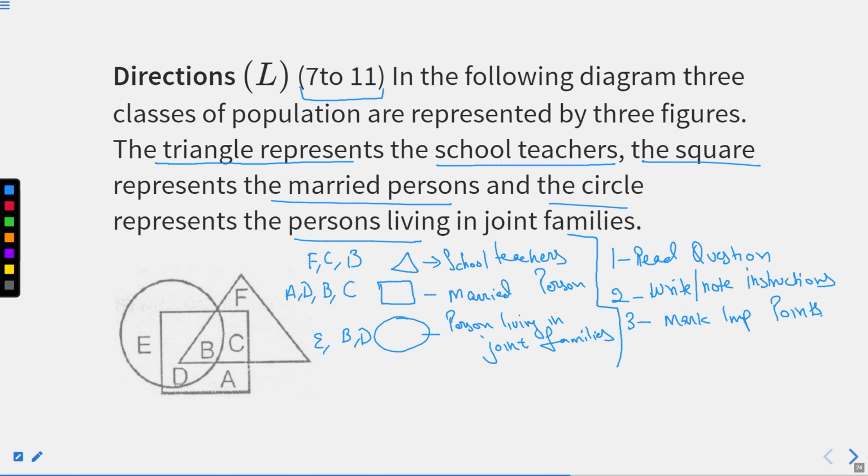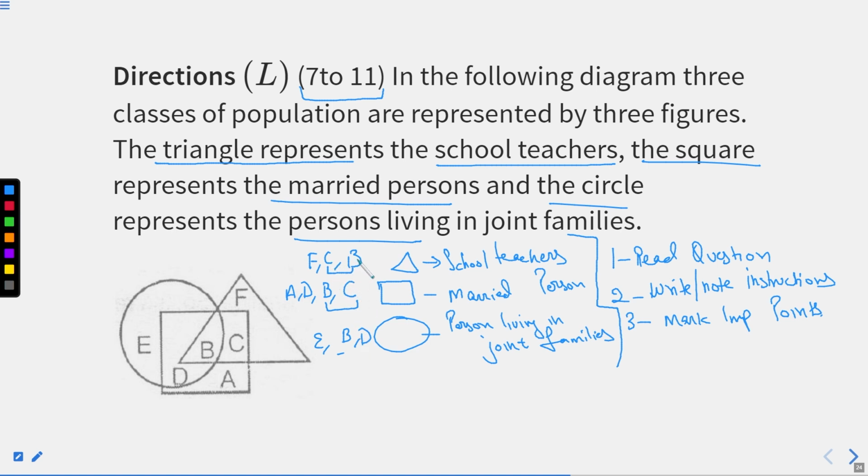What is common in this? B and C. So B and C are the married persons who are school teachers, but not living in joint family. Only B is there and B is living in joint family, right? So C will be the answer.